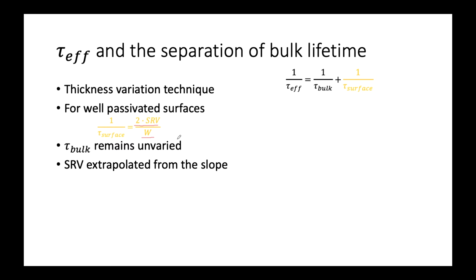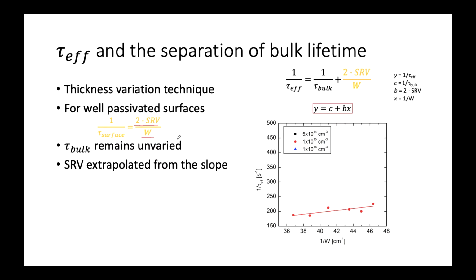So, by measuring the effective lifetime on a set of samples with different wafer thicknesses, and plotting the data in a 1 over effective lifetime versus 1 over the thickness diagram, a straight line is obtained, whose slope is 2 times the surface recombination velocity.